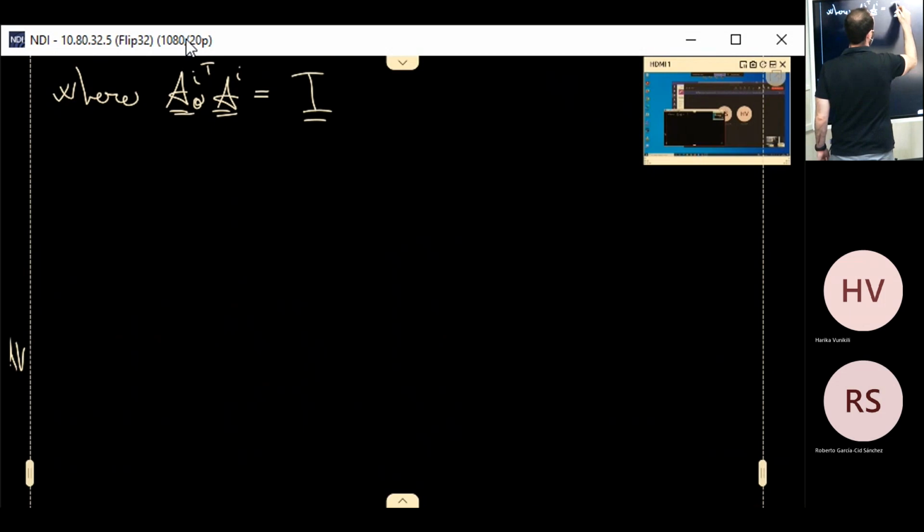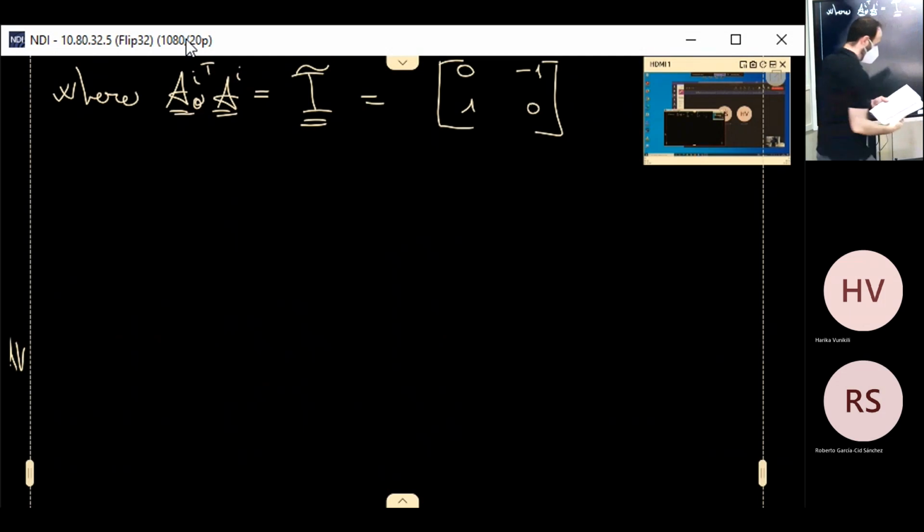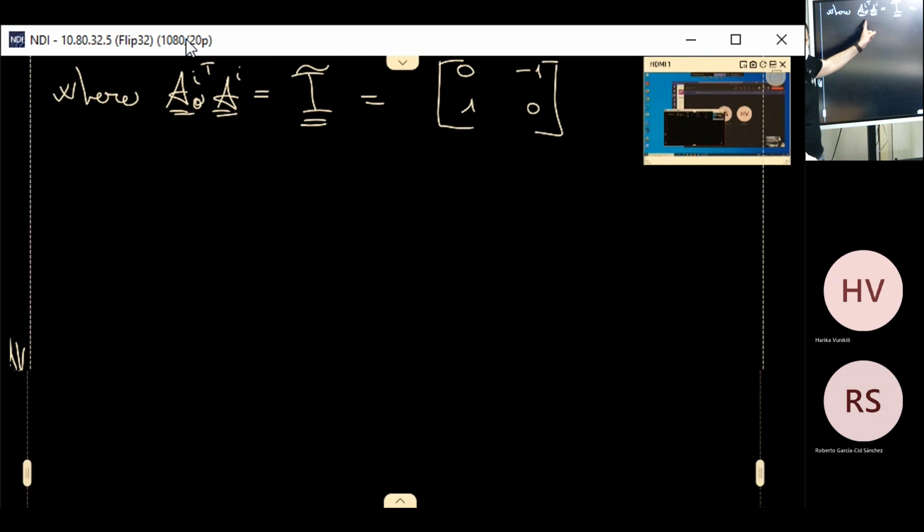So we can write that A-theta_i transpose over A_i is the matrix I-tilde, which is very simple: 0, minus 1, 1, 0. You can verify it by yourself because A is the typical cosine, minus sine, sine, cosine. This is the derivative with respect to theta. If you do the transpose over A, you get this. So very easy.